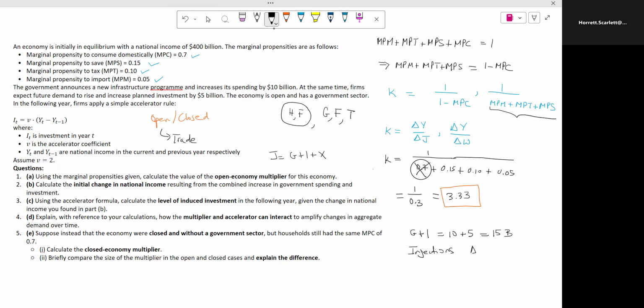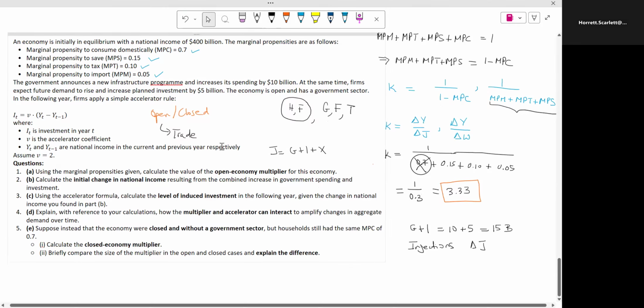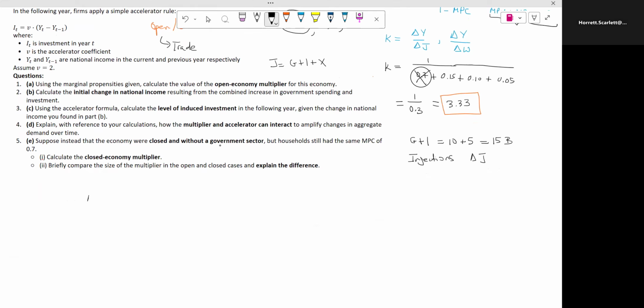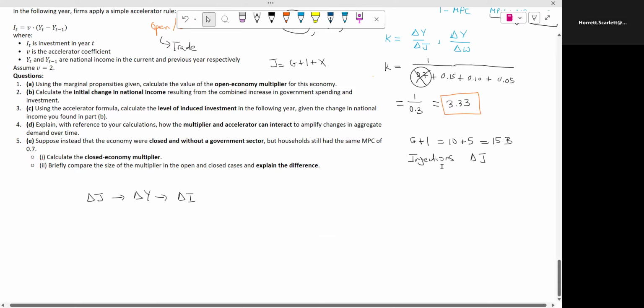So this then is going to be the change in J. Now remember, we had a basic formula that says the change in injections is going to generate some change in national income, which is going to generate some changes in terms of investment. We have just computed, though, the multiplier, and the multiplier is 3.33.